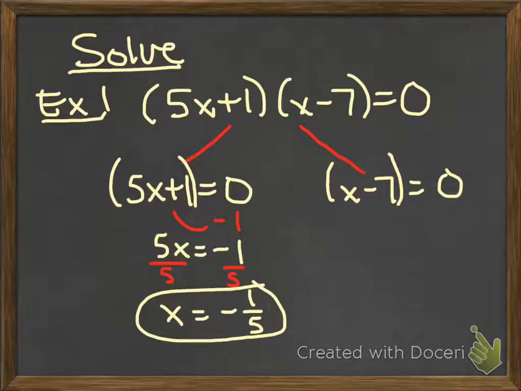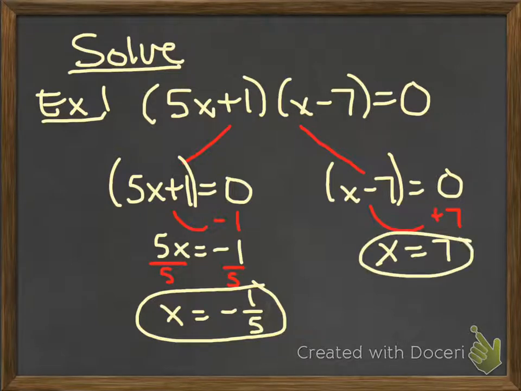Or the second factor can equal 0. So on the second one, we add 7. Okay, so x equals 7 is our second answer.